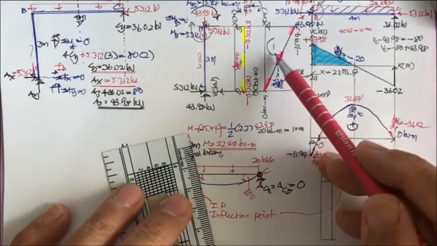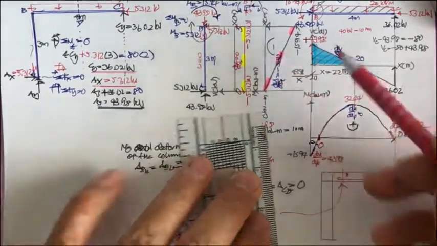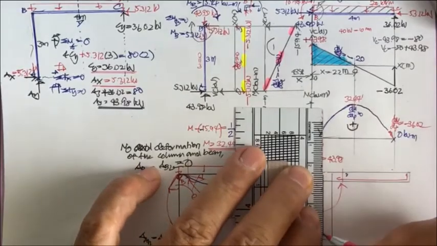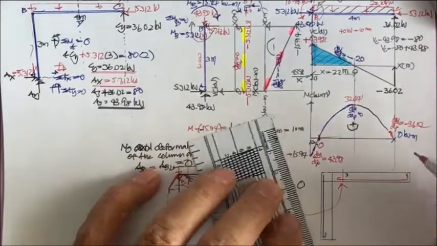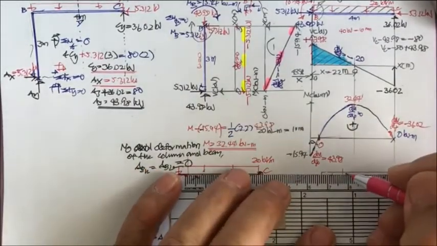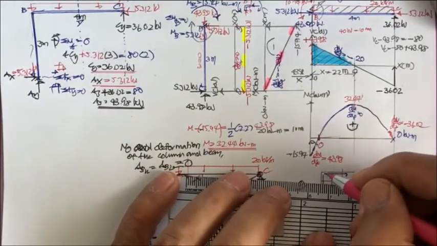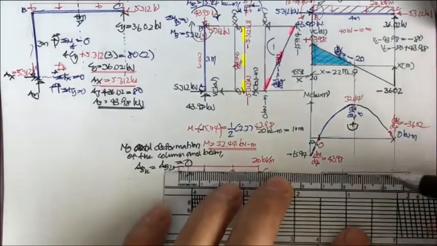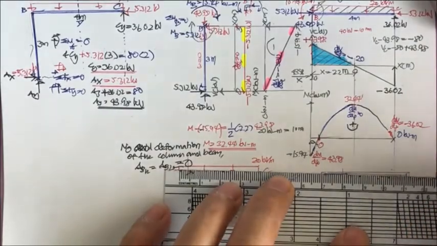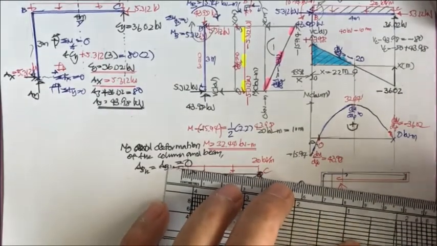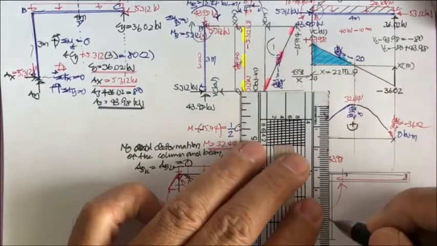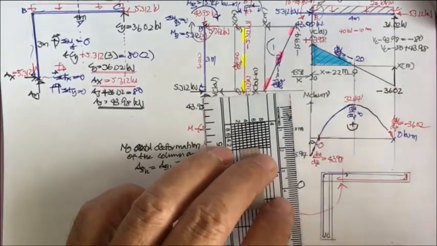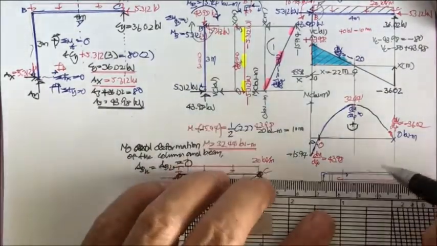And since the moment here is like this, the reinforcement here also will be like this. So that is some kind of extra reinforcement that we may have, including the typical reinforcement that we have for the column and the beam.